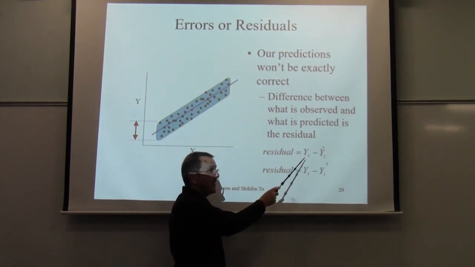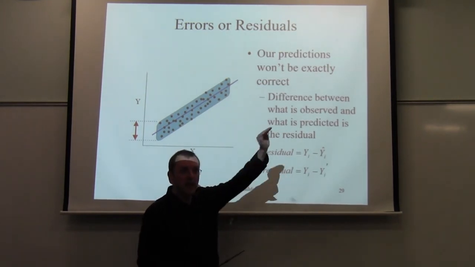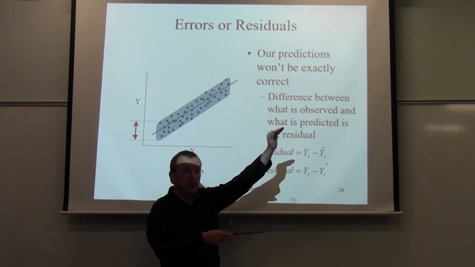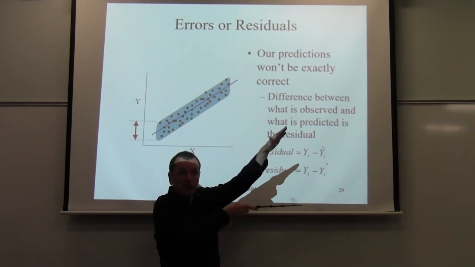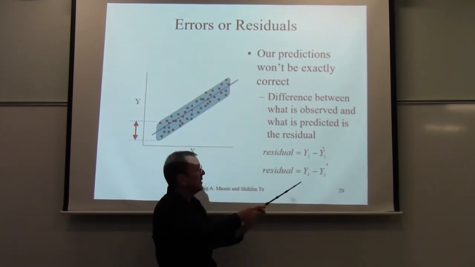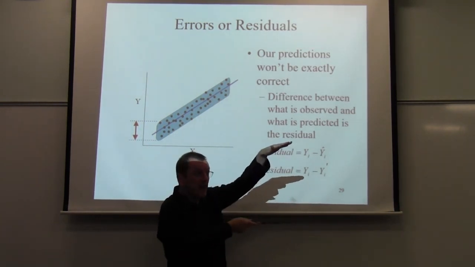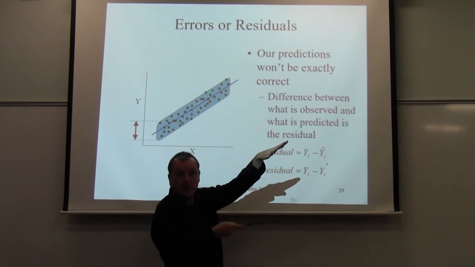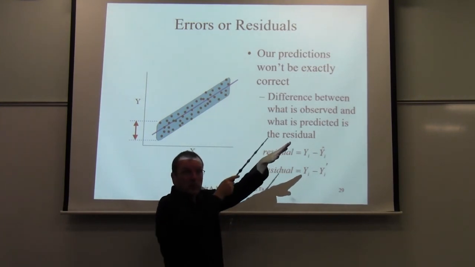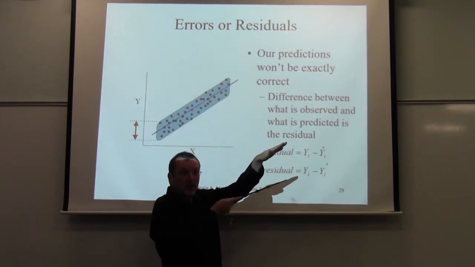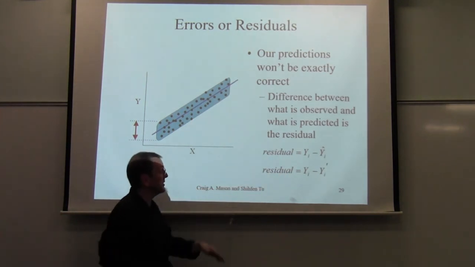If, on the other hand, you predicted I'd have a GPA of 3.6, and my real GPA is 3, 3 minus 3.6 is negative 0.6. My residual is negative, meaning I'm below the predicted score. So positive residuals mean you're above your predicted score. Negative residuals mean you're below the predicted score.